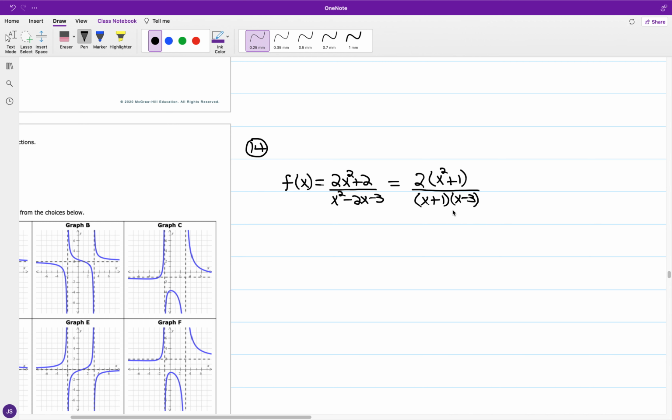And so for the vertical asymptotes, again, we'll have x equal to -1. And from x minus 3, again, we have that x is equal to 3. And just looking at the other asymptote, if we have one, so we've got 2x squared plus 2, again, over x squared minus 2x minus 3.